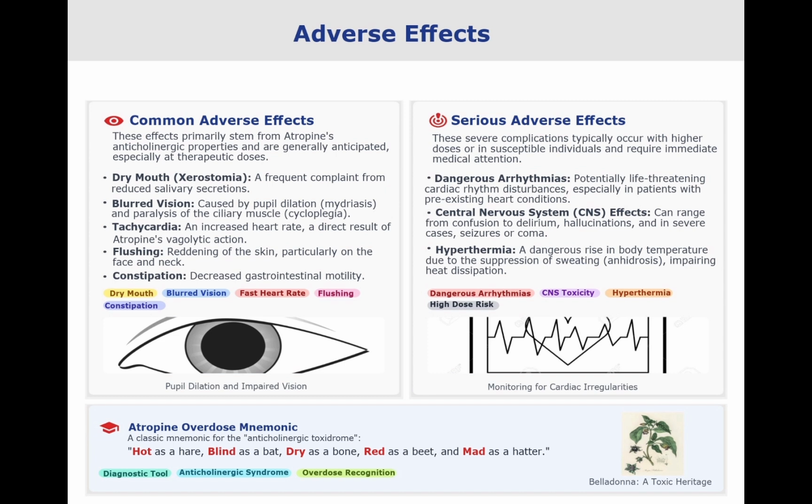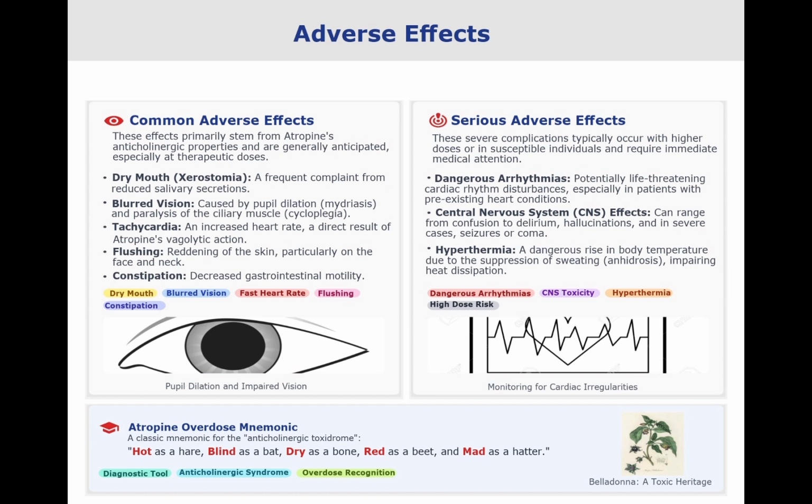Tachycardia from increased cardiac activity, facial flushing often described as atropine blush, and gastrointestinal effects like constipation due to decreased gut motility. More serious adverse effects can manifest, particularly with higher doses or in susceptible individuals.